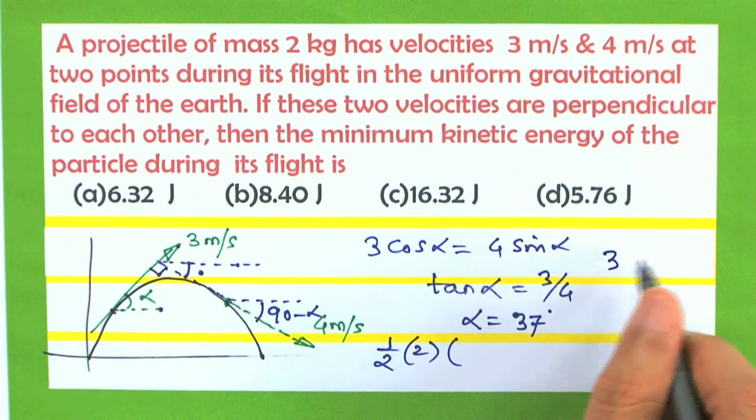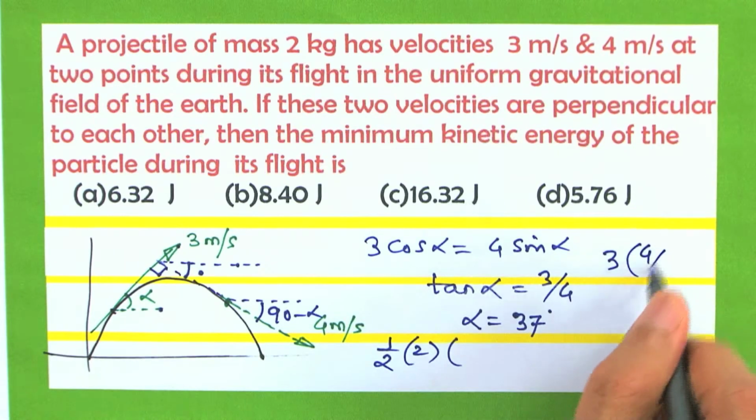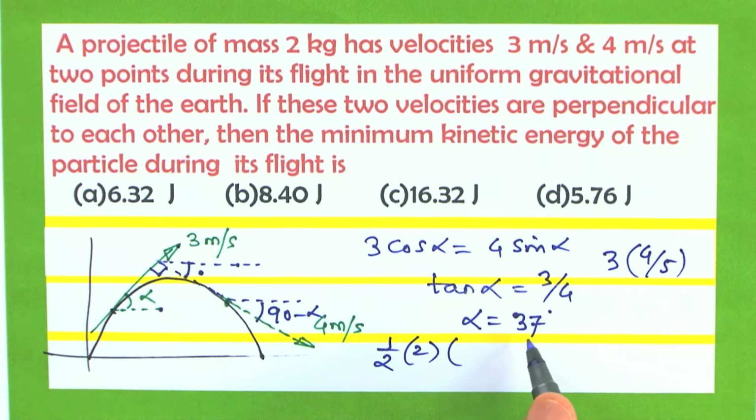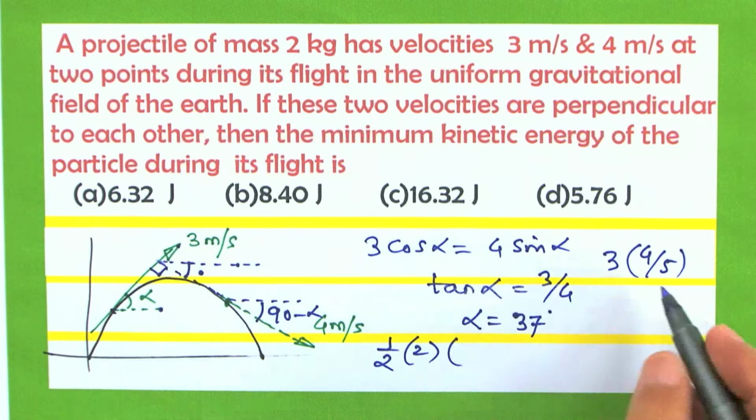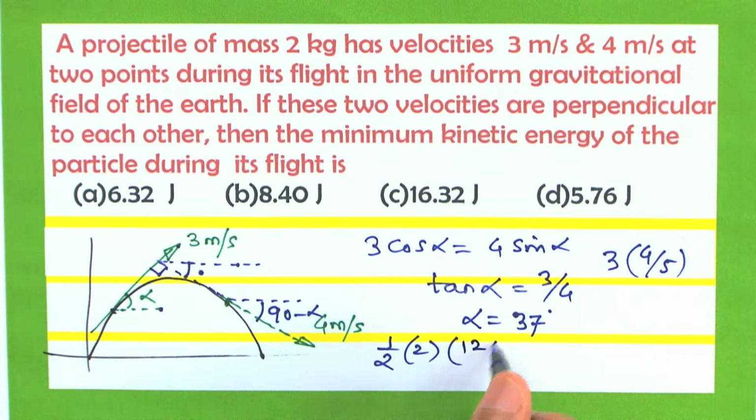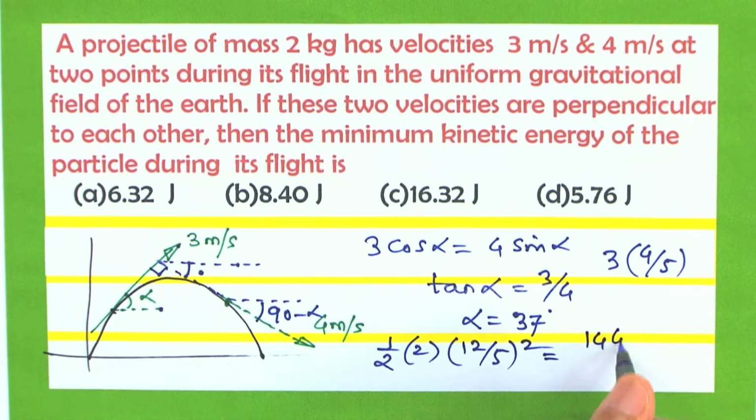So, 3 is 3 and cos alpha is going to be 4 by 5. Remember, cos of 37 is 4 by 5. So, it is 12 by 5, and half mv square gives you 144 by 25, and 144 by 25 is, say, 5 fives are 25, fine, and I think that happens to be 5.76.